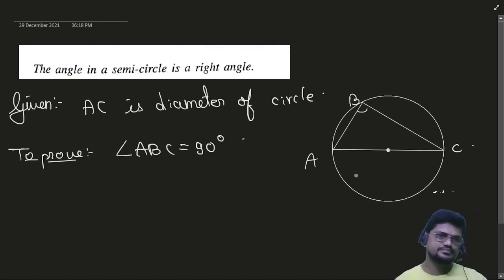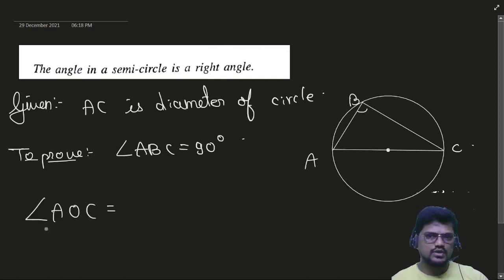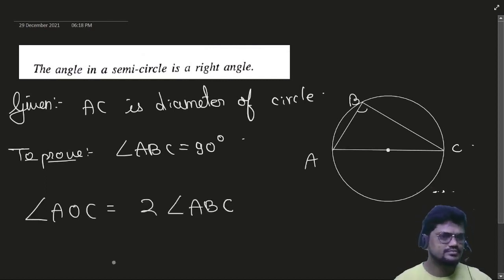Now, we know that the angle subtended at the center is always double of the angle which it subtends at any other point on the circle. So what can we say? Angle AOC will be twice of angle ABC, yes or no?